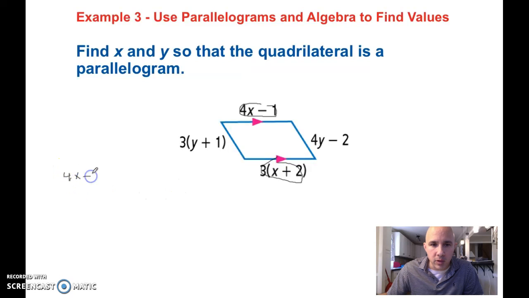write that equation, 4x minus 1 equals, let's distribute this, 3 times x, and then 3 times 2. And we want to go ahead and collect our terms. Let's subtract the 3x.